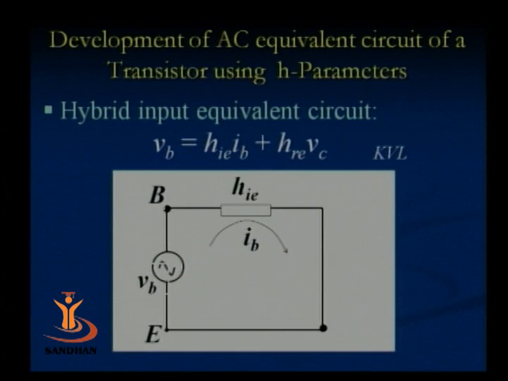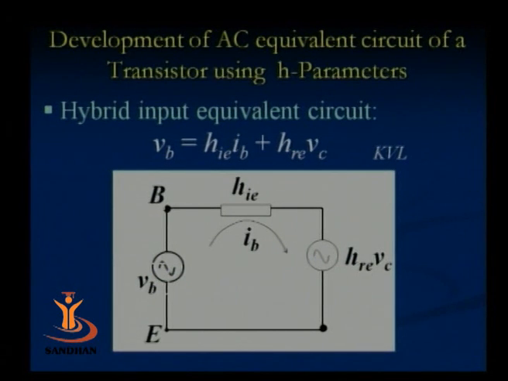Now the second term, HRE VC. VC is the output voltage and HRE is the reverse voltage ratio. We know that HRE is unitless because it is the ratio of two voltages. So what is left is VC, a voltage multiplied by some constant. The term HRE VC represents a voltage given by HRE VC.